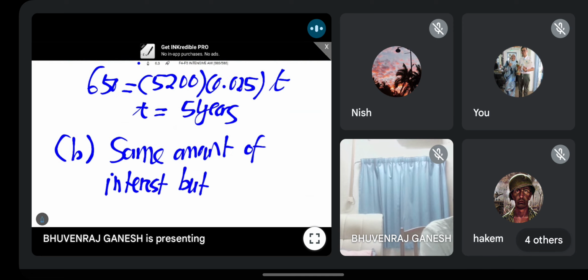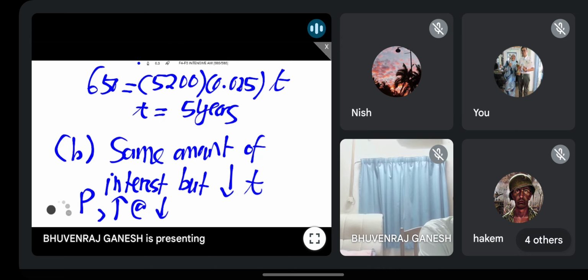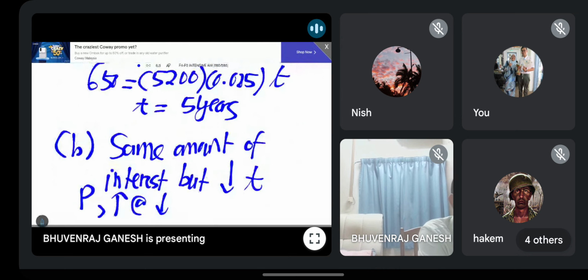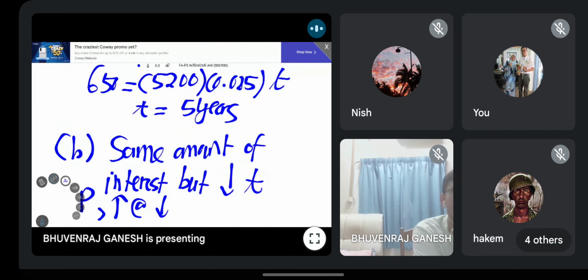But she want to reduce the tempo simpanan, the T value. Okay, so now the question is the P, nilai P. Adakah dia kena bertambah ataupun berkurang? Can anyone answer this? Siapa boleh jawab yang ni? How do we answer this question? What is the answer?